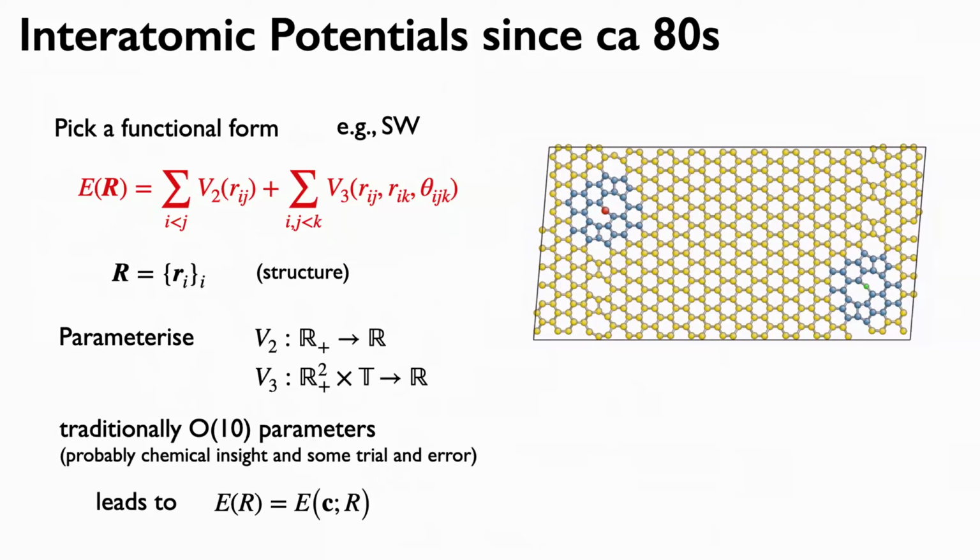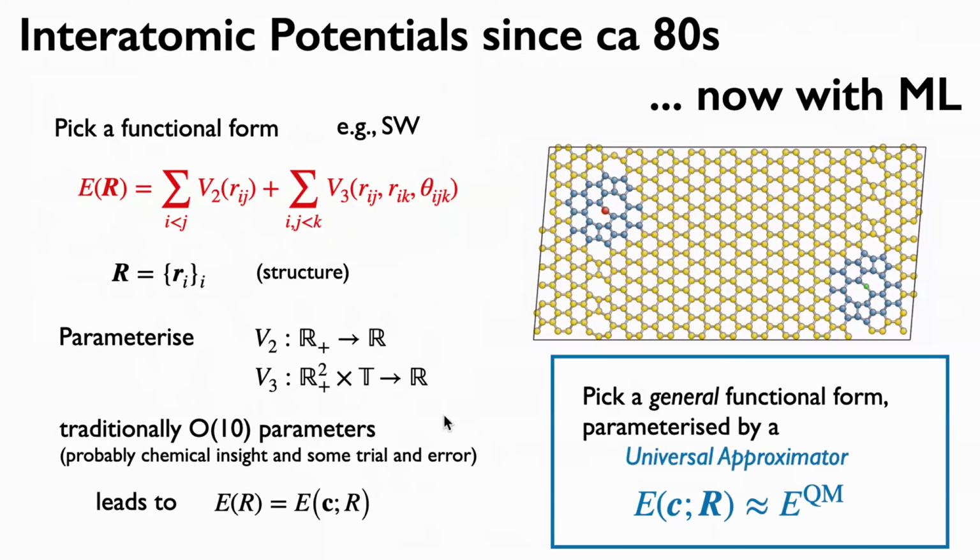What's changed, the main difference now, is that we do exactly the same thing, except we now go to much more general functional forms that allow, in principle, to construct potential energies that approximate whatever target you might have, be it DFT or coupled cluster, whatever you like, to within arbitrary accuracy. That's the dream, right? In practice, there are infinitely many pitfalls with how this can go wrong.